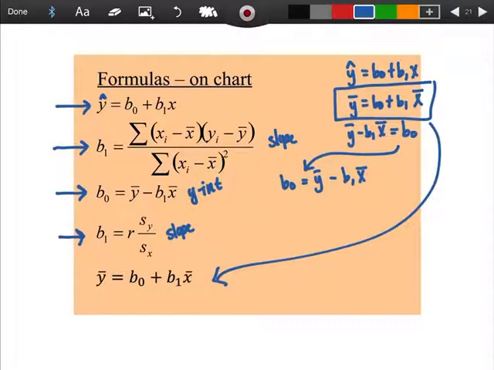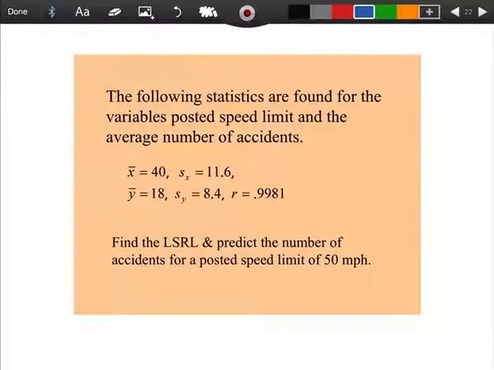We could rewrite that and we could get this format too. So that's simply a little bit of algebra. If I get computer data, it might be important that I can use these formulas to calculate my regression equation. Here's an example. If you notice, we have data here on the speed limit that's posted and the number of accidents on average.